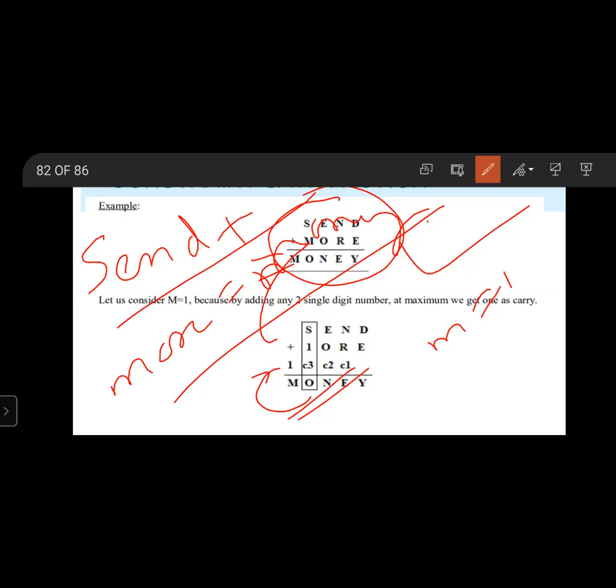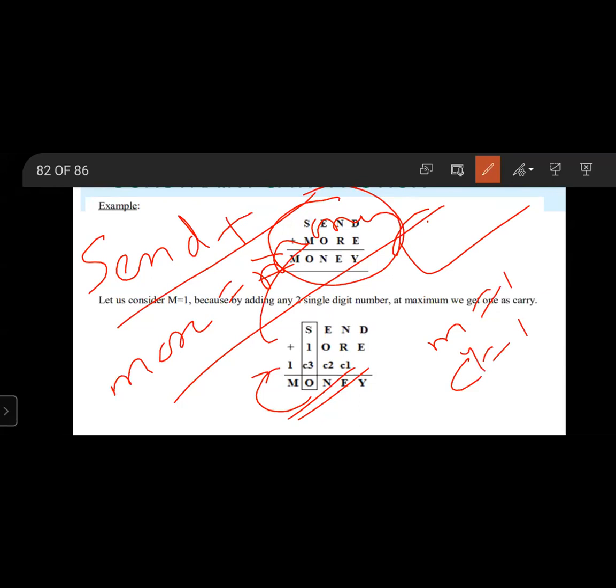That means M equal to 1, so carry equal to 1. Two single digits, so we consider carries: first carry 1, carry 2, carry 3, and final carry 4 equal to 1 here.